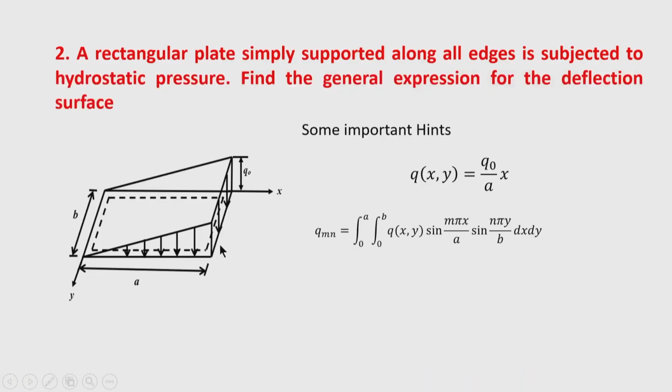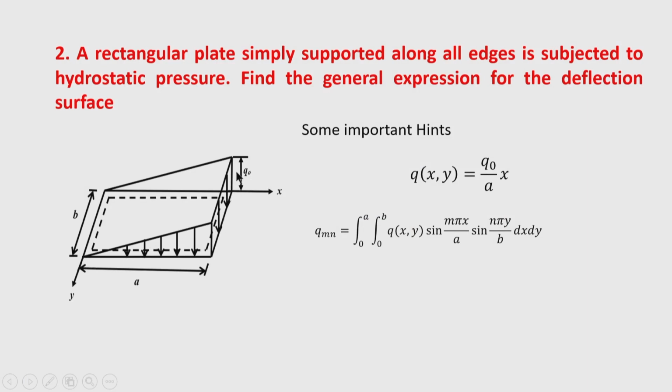Then the pressure will vary linearly from base to the top, linearly varying with the depth or distance. So, therefore, the maximum pressure that you will get at the one extreme edge, and here it is 0.